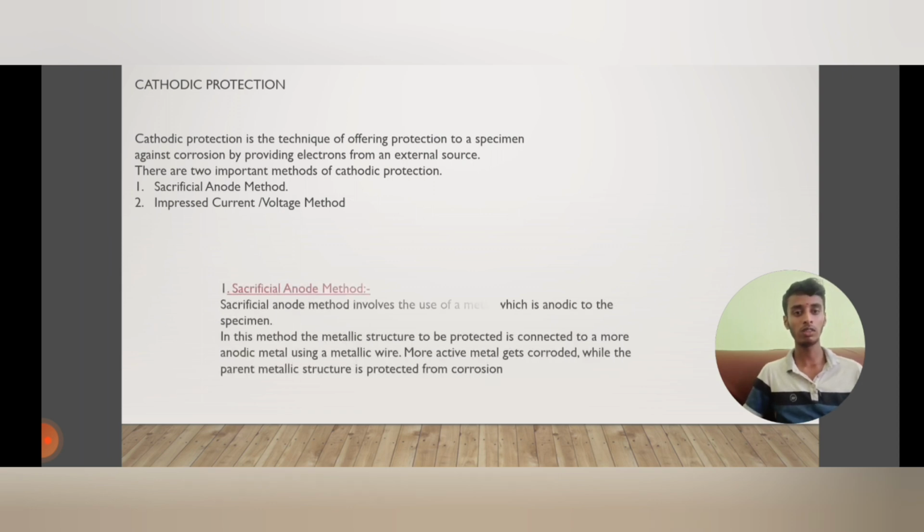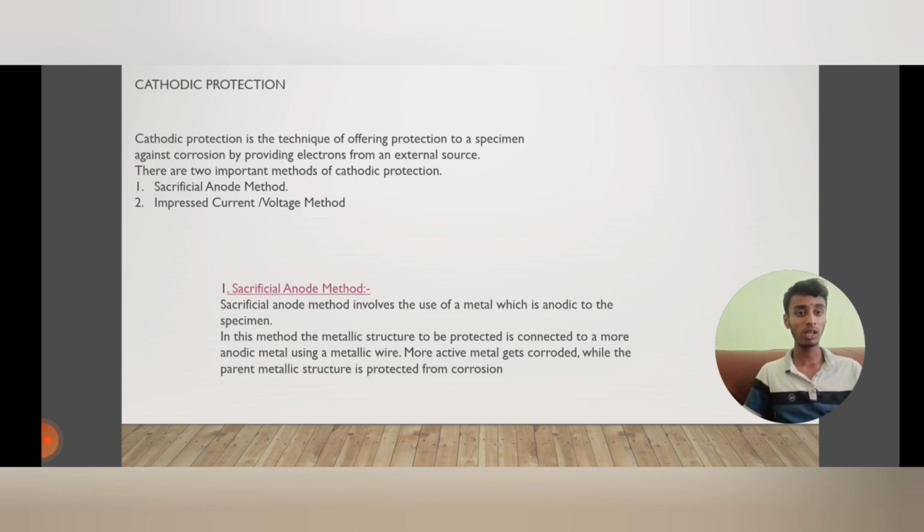First, we will see what the sacrificial anode method is. The sacrificial anode method involves the use of a metal which is anodic to the specimen. In this method, a metallic structure to be protected is connected to an anodic metal with a metallic wire.